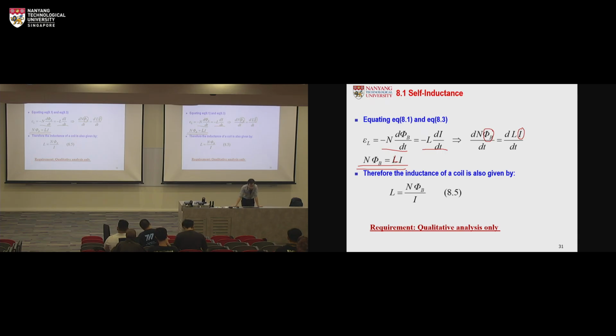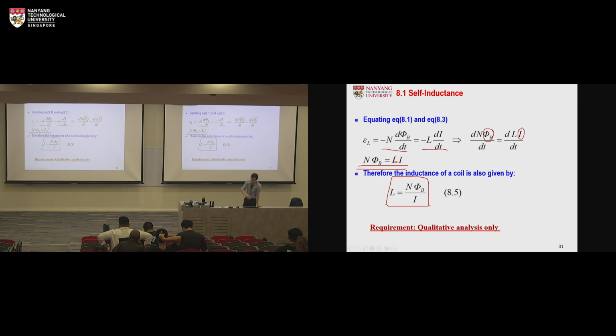I, of course, is just the current flowing inside the circuit. So eventually there will be this formula to quantify the self-inductance of a circuit. You can see it's a function of the current flow and also the magnetic flux inside the circuit.